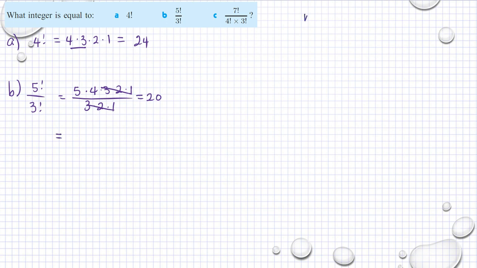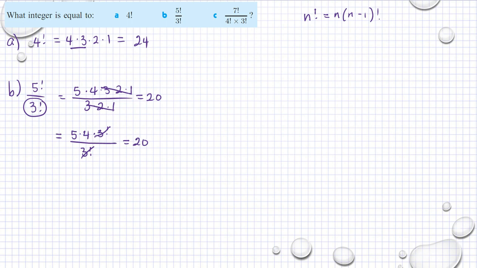Remember the definition, n factorial is equal to n multiplied by n minus 1 factorial. We can use that definition. For example, 5 times 4 times 3 factorial divided by 3 factorial, because you already have 3 factorial there. Then we have the same answer, 20.